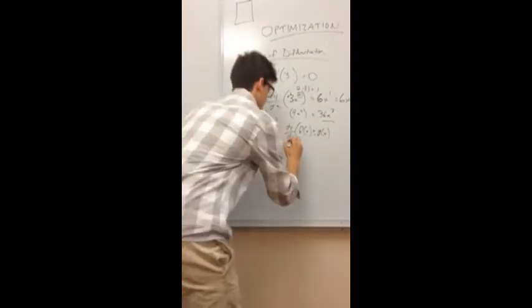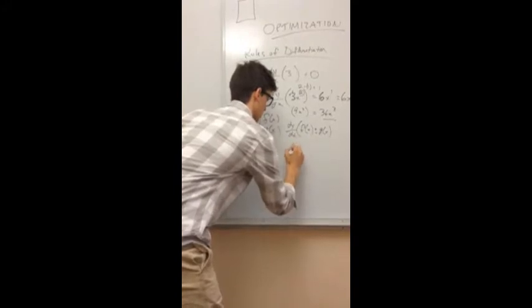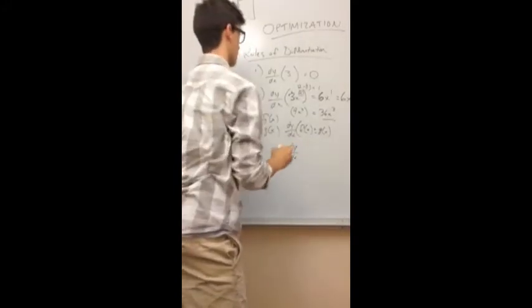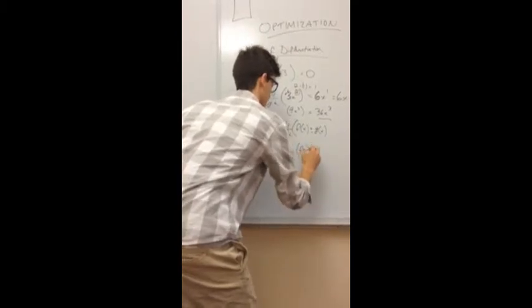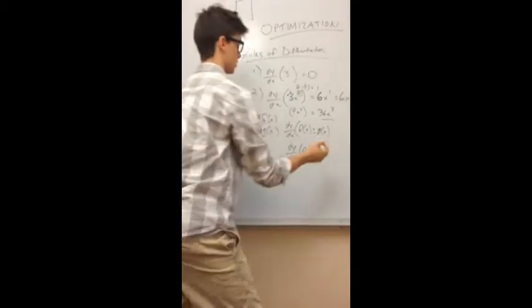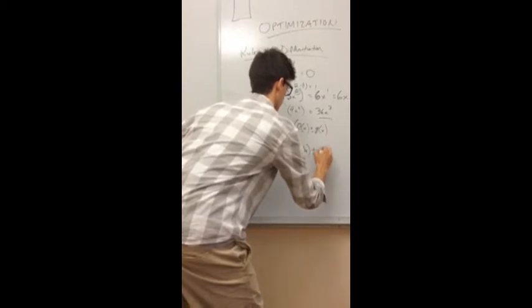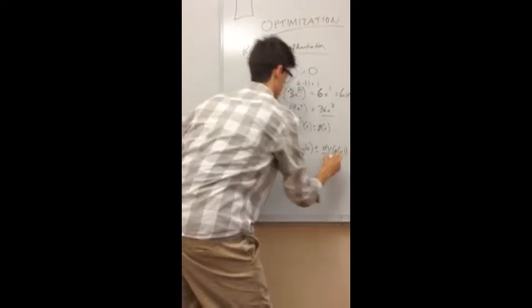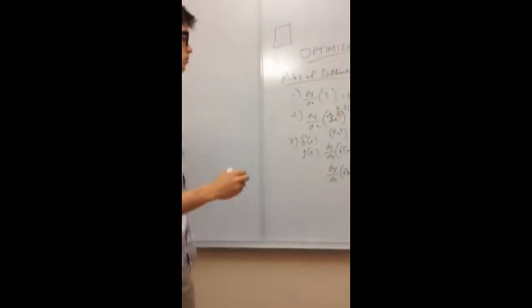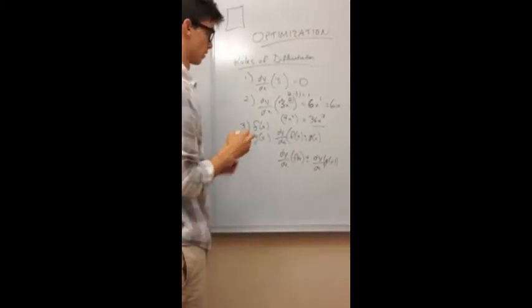It's actually a lot easier to just separate them into 2 separate problems and say the derivative of f of x, plus or minus the derivative of g of x. It makes the problem a lot cleaner and a lot easier for you to do on paper.